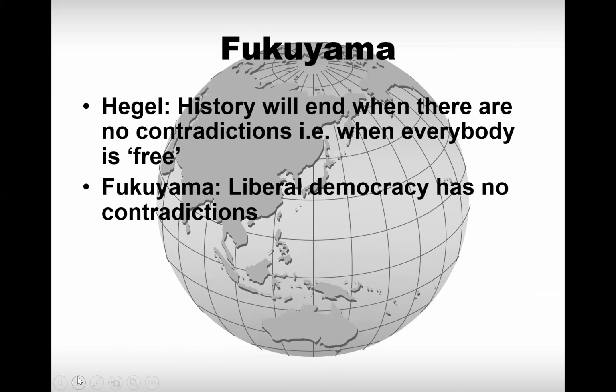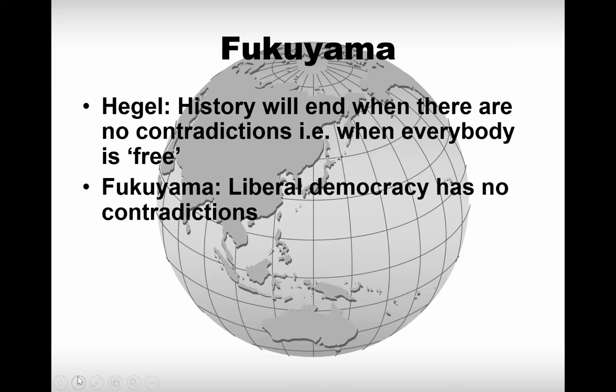He believed these contradictory ideas conflicted against one another until we had the birth of modern constitutional regimes, which guaranteed equal freedom for people. So he believed that if everybody adopted these forms of government, then history would end. So history would end when there are no contradictions, meaning when everybody is equally free.